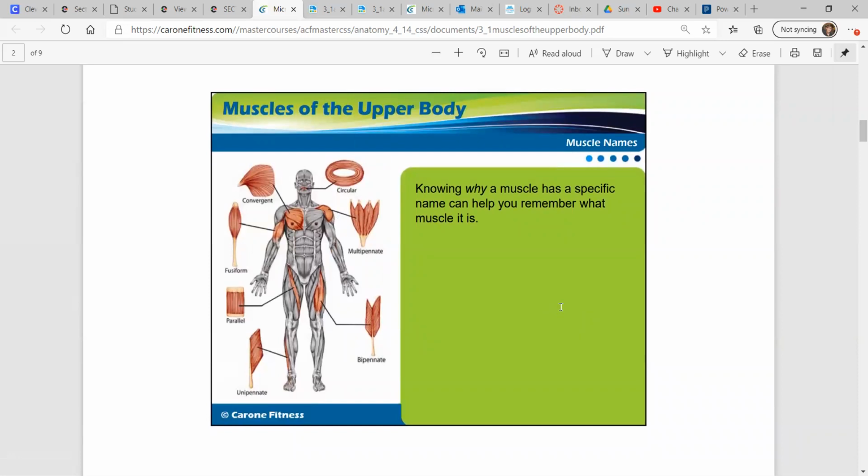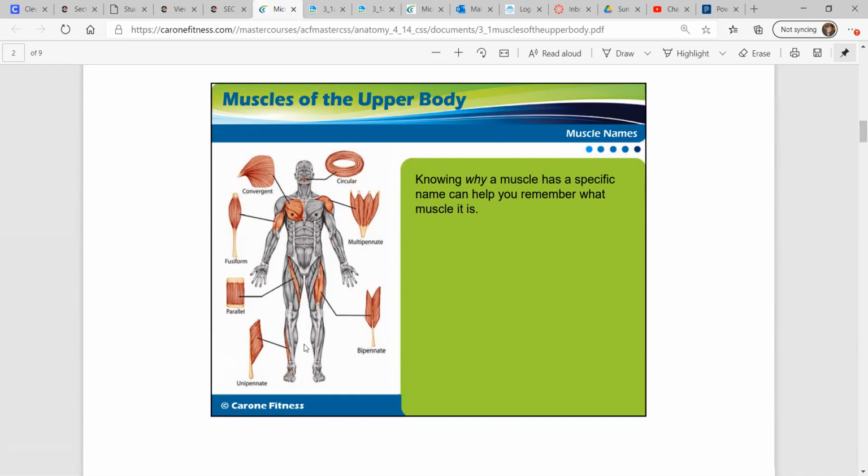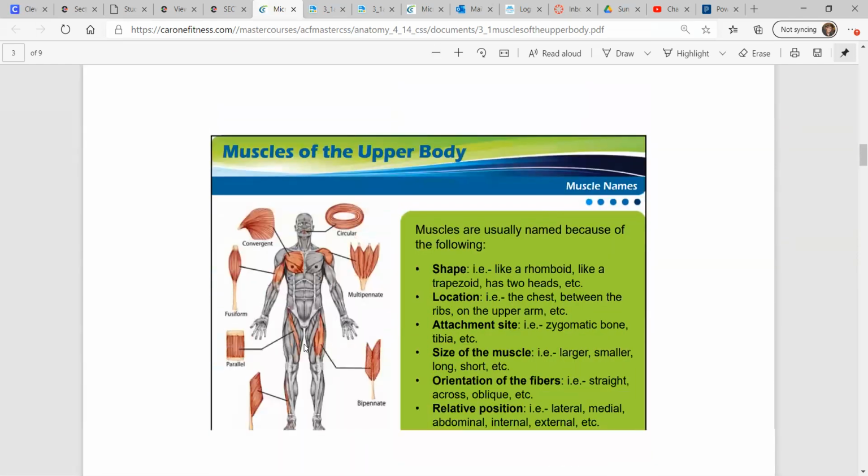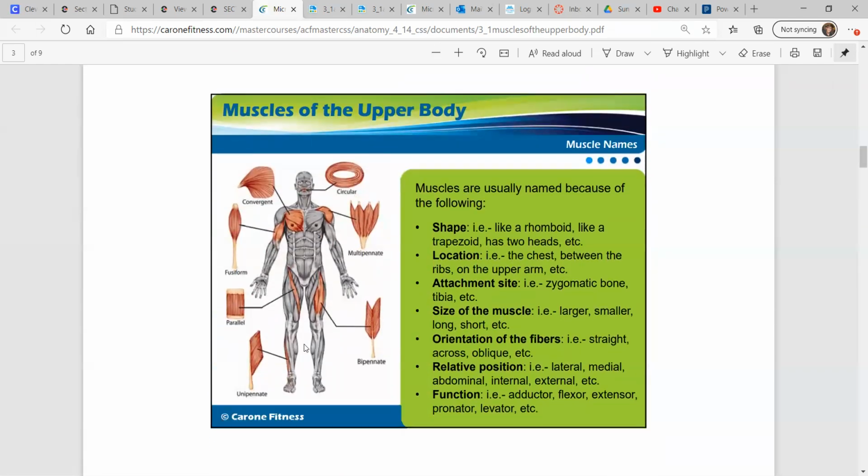Knowing why a muscle has a specific name can help you remember what muscle it is. So let's look further into that. Now, naming muscles, you generally consider these things: shape, location, attachment site, size of the muscle, orientation of the fibers, relative position, and function.